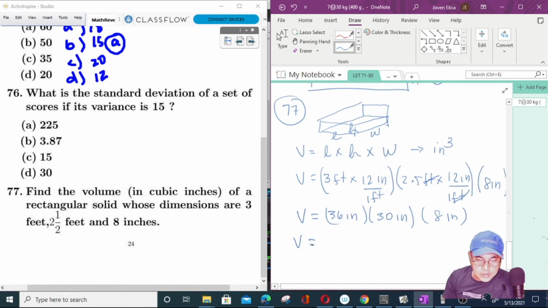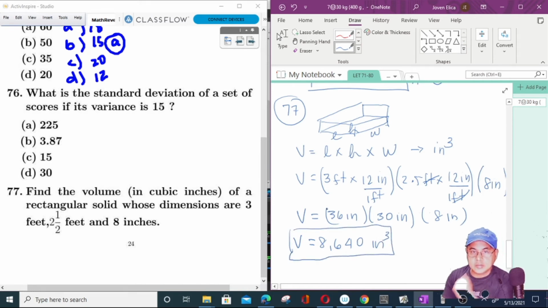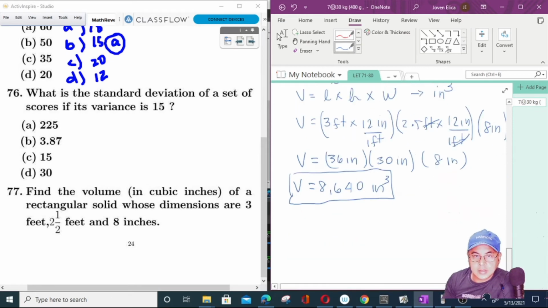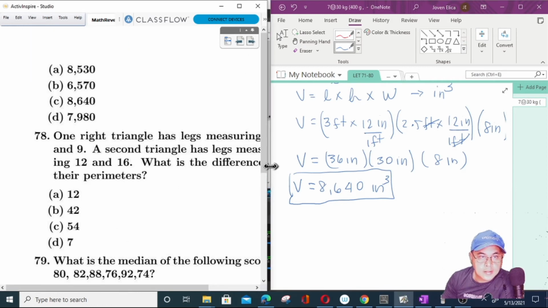The total volume is equal to 8,640 cubic inches. So you have to remember the volume formula for the rectangular solid. Okay, next. So the answer is 8,640, letter C.